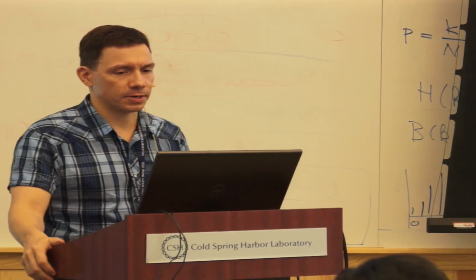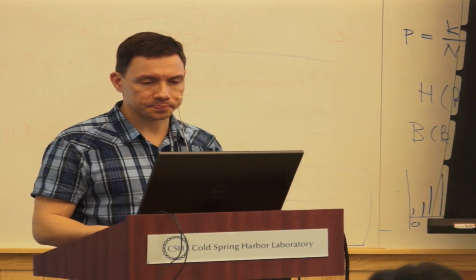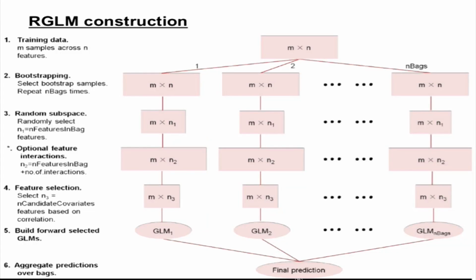Let me describe to you how it works. So let's assume we start out with 100 cancer subjects and let's say 10,000 genes. The first step is to arrive at bootstrap data sets by sampling with replacement. So let's say you end up with 100 bootstrap data sets.